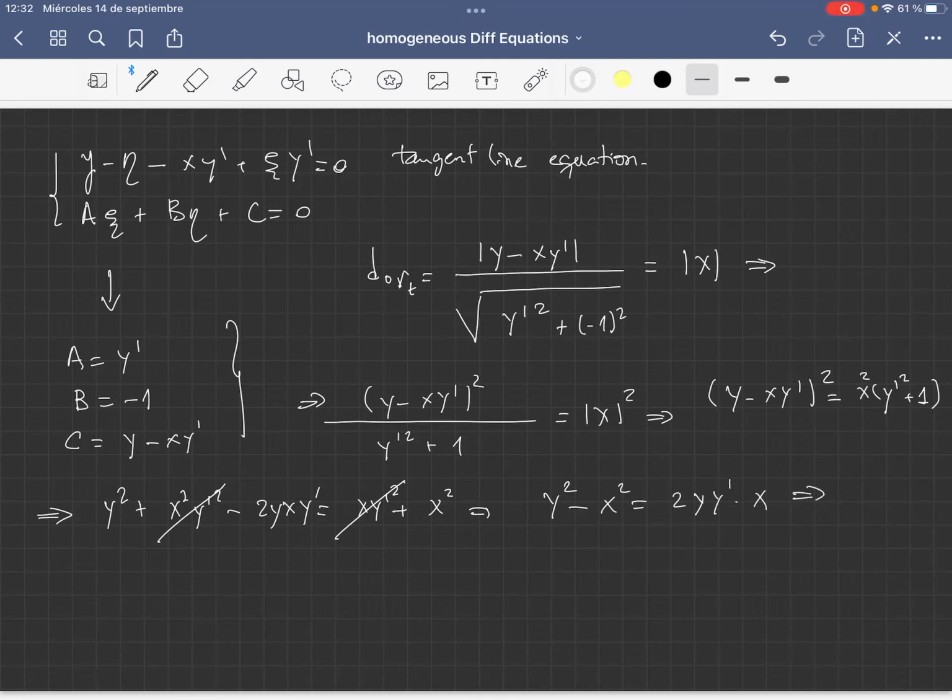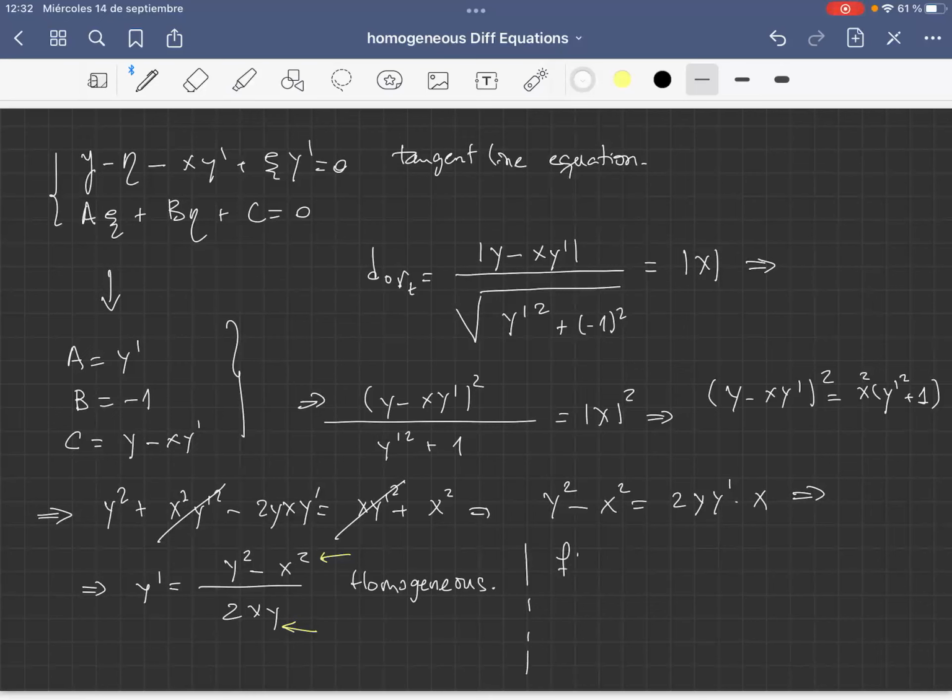Here, notice that we can write the final equation as this equation. And notice that this equation is homogeneous. How do you see this? It's very simple. One can just take a look at the degree. Here we have degree 2, and here we also have degree 2 because we have an x multiplied by the y. If you don't see it straightforwardly, you can do a little check.